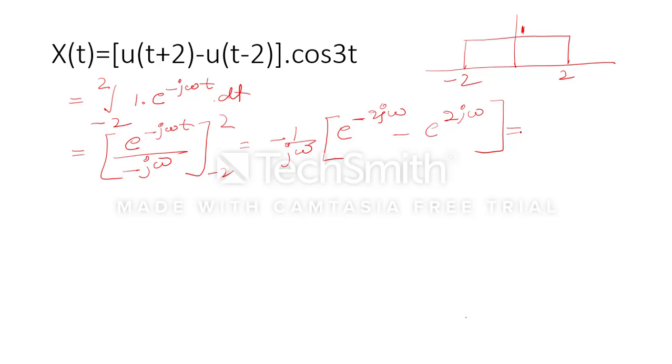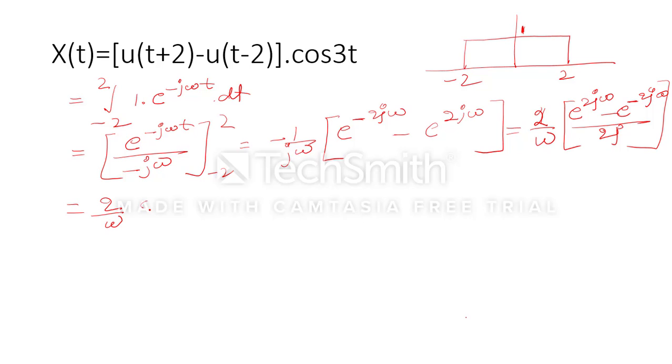If we take minus common, it will become 1/ω, 2 multiplied, (e^(2jω) - e^(-2jω))/2j. So now it will become (2/ω) sin 2ω.